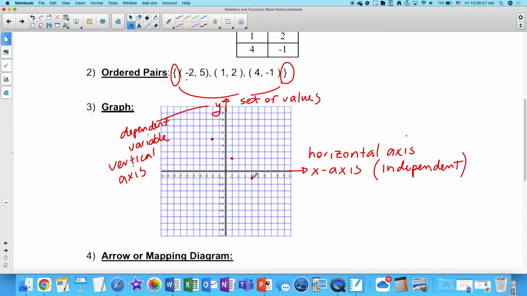And then if the points form a line, and you don't know the context, which we don't here, we can connect them. The reason why I say and you don't know the context is that there are some contexts where even if the points form a line, it does not make sense to connect the points. So don't just do that automatically.